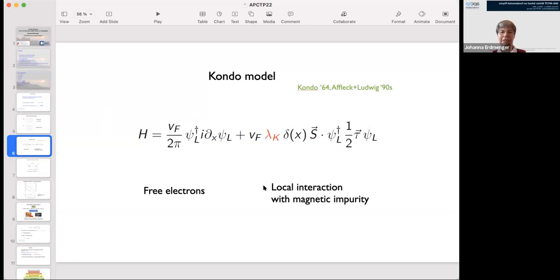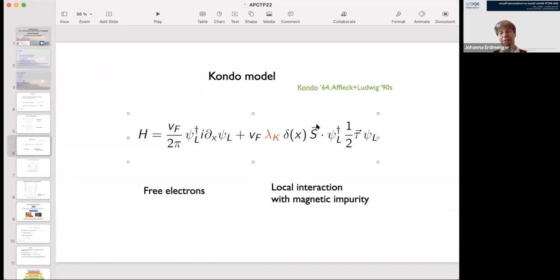And then locally, that's the one decisive feature of this model, there's a delta function here. This magnetic impurity, with which there's this interaction, just sits in the middle, and it doesn't move. So there's this delta, and then there's this local interaction with the magnetic impurity.